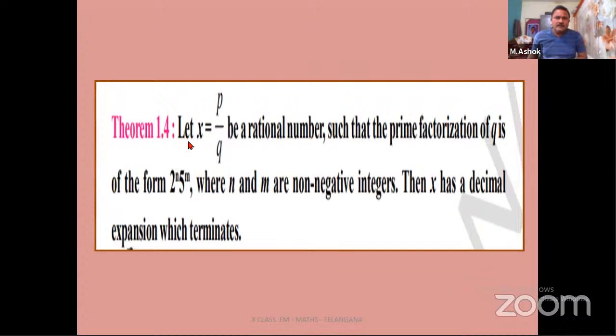Let x equal to p by q be a rational number such that the prime factorization of q is of the form 2 to the power of n into 5 to the power of m, where n and m are non-negative integers.